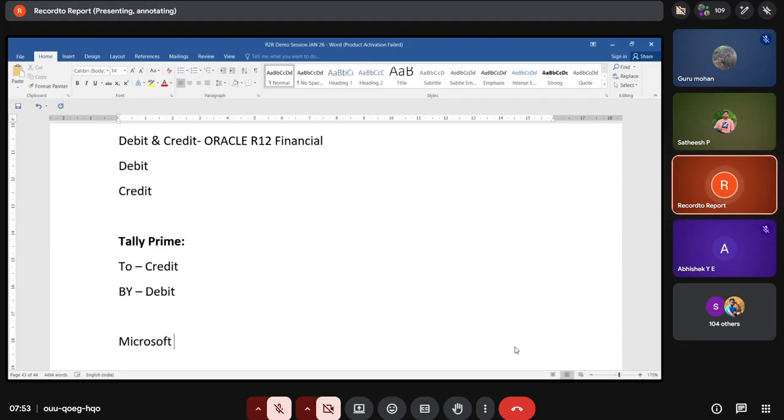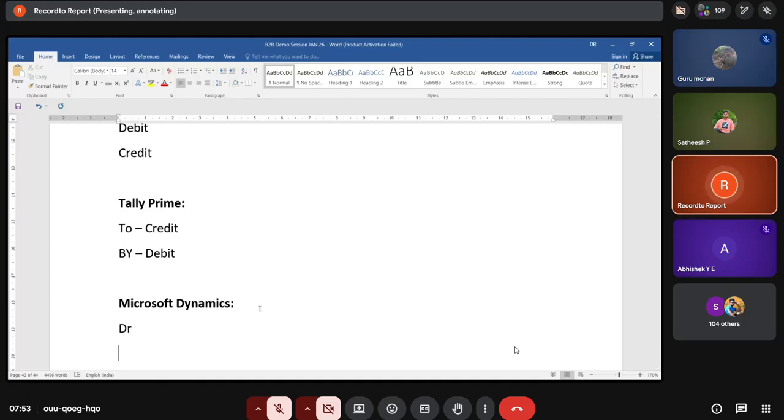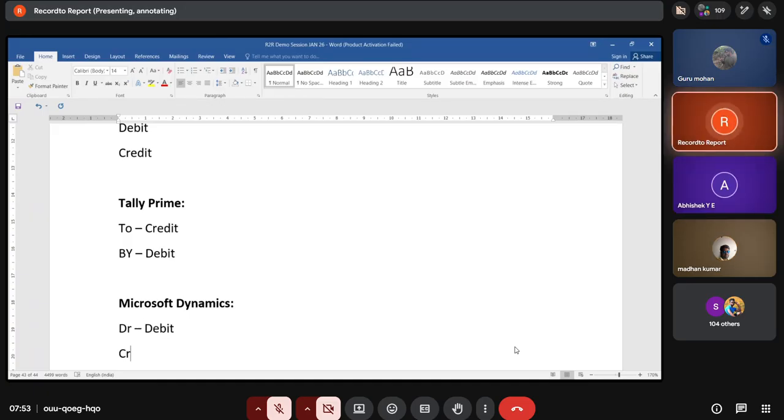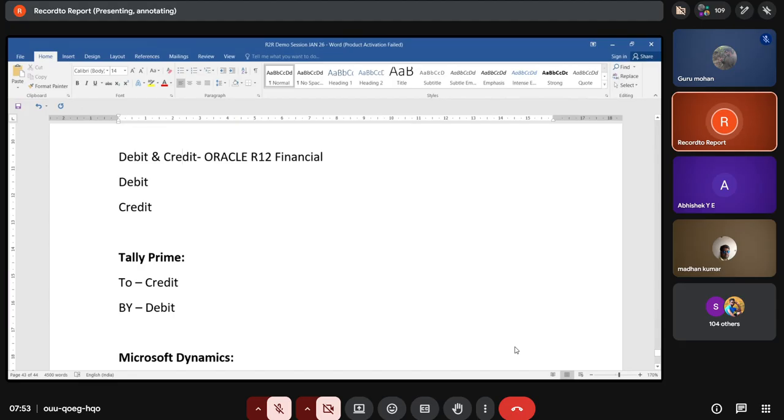If it comes to Microsoft Dynamics, they are following the method of DR and CR. What is the meaning of DR, guys? Debit and credit. Everywhere it is common, guys. Rent expense, rent to bank account is common, but the terminology changes from software to software.